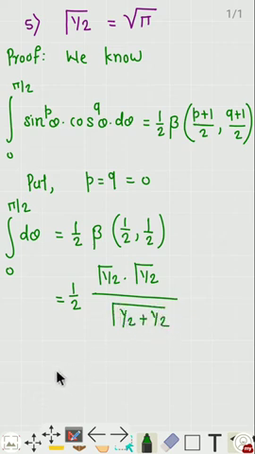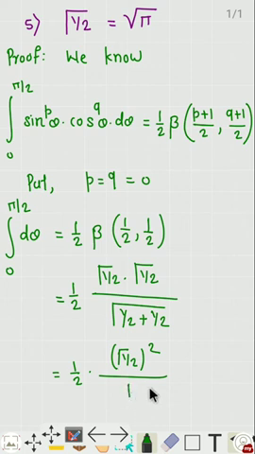It is equal to 1/2 into gamma half squared whole divided by gamma 1, and gamma 1 is 1, since gamma 1 is equal to 1.